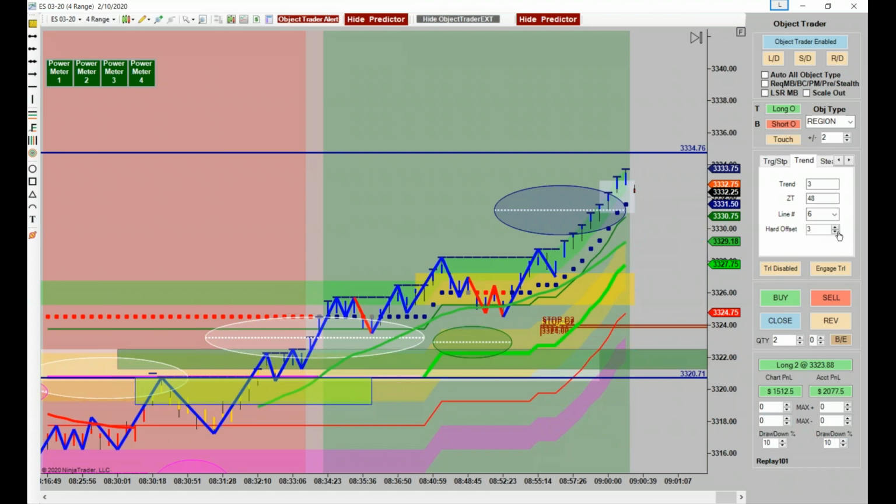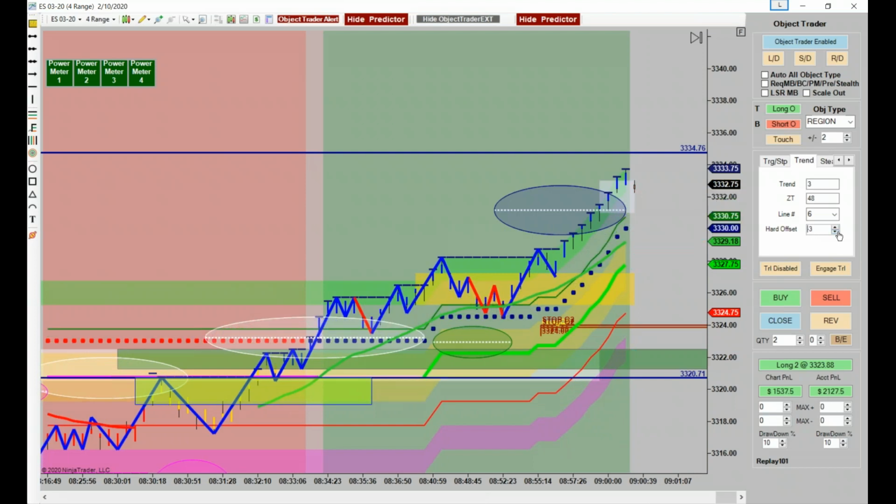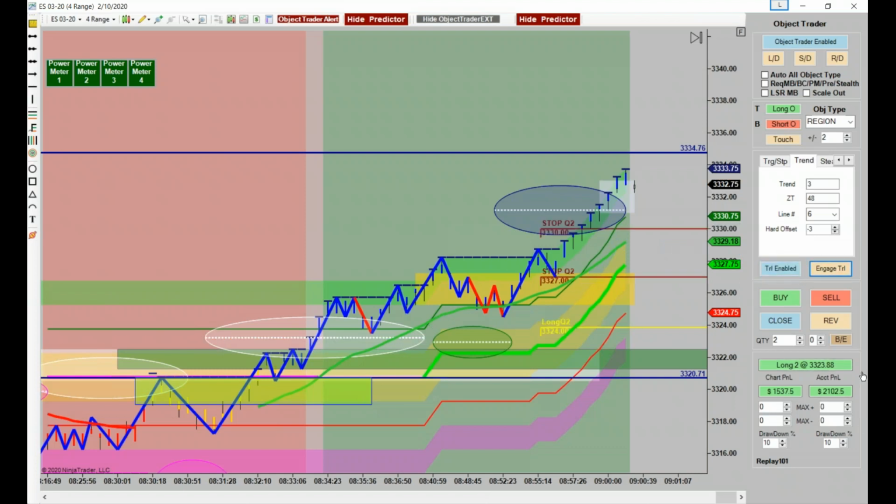Stop would be there, so it's the other direction, like that. And then just turn that off and engage it. And there's your stop. The ZT is the zone itself. In other words, ZT 48 means that it's from here to here, all the way to the top of this phantom area here is 48.